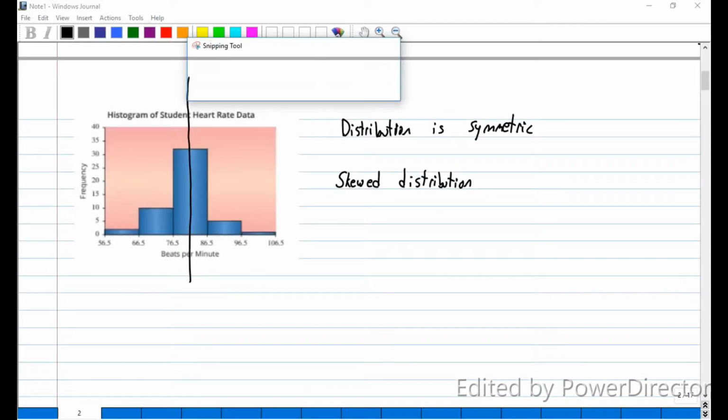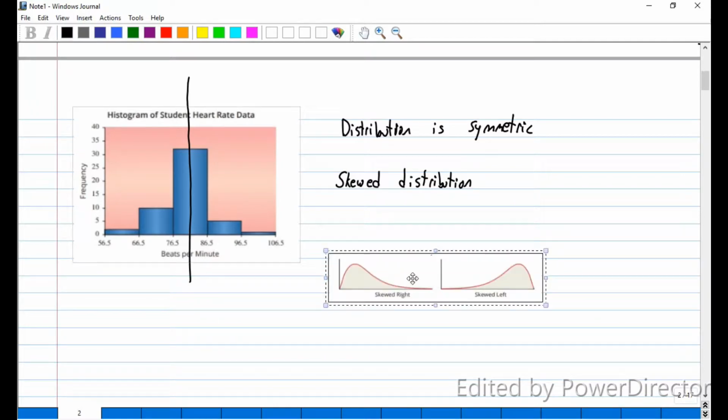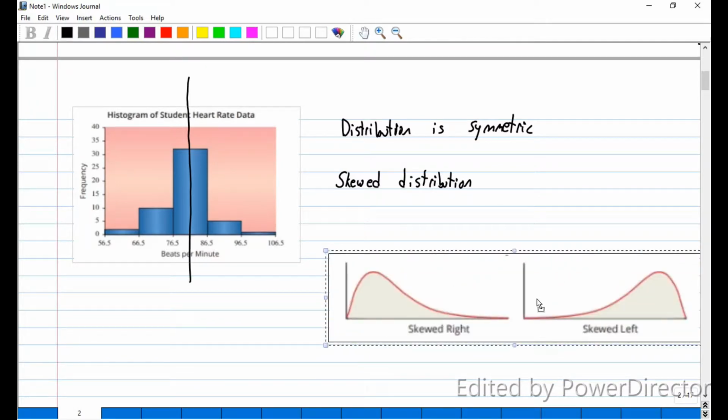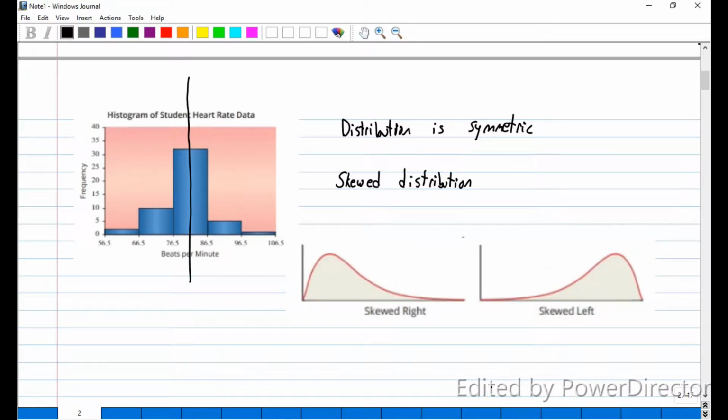This isn't in your PowerPoint, so you might want to copy these down. So you can see that it's kind of the opposite of what your brain would think. It's skewed to the right if you have more data on the left, and it's skewed to the left if you have more data on the right.